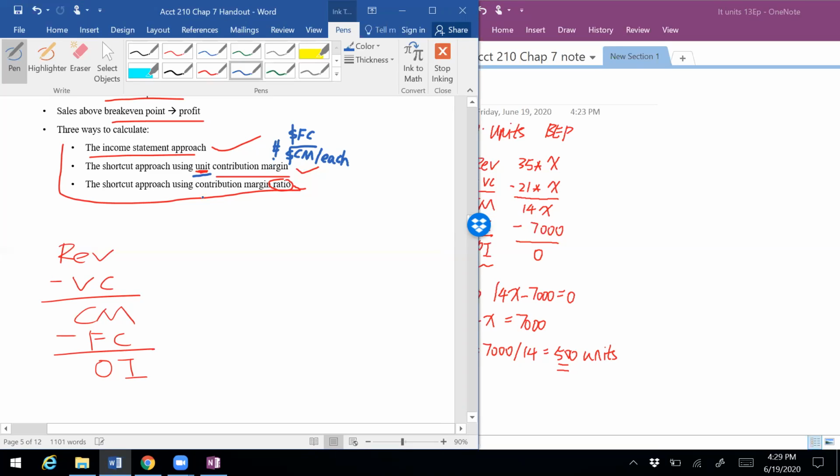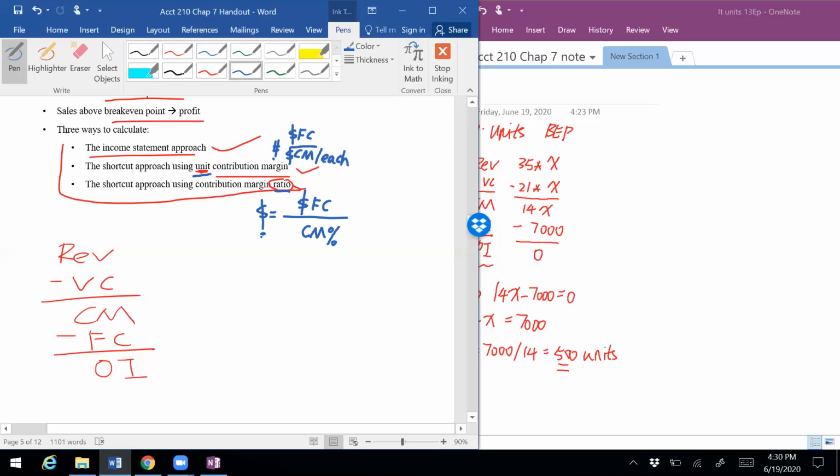The other shortcut is, if we want to get the dollar amount, we should use the ratio: fixed cost divided by contribution margin percentage. Your fixed cost is a dollar amount and the percentage has no dollar amount, so you will get a dollar amount.